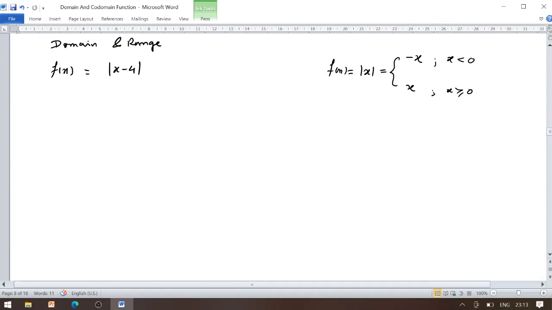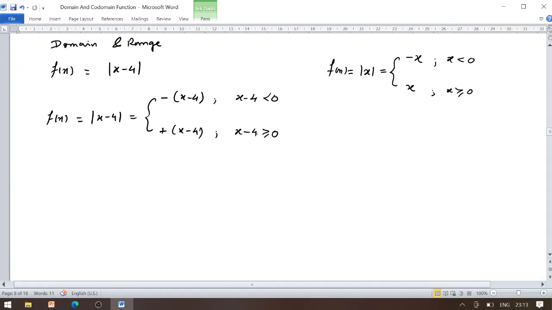The same case we have to follow here. For now, f of x becomes mod of x minus 4. So it has two values, either minus of x minus 4 whenever x minus 4 is strictly less than 0, or the positive value of x minus 4 whenever x minus 4 is greater than or equal to 0. Now consider the two inequalities.